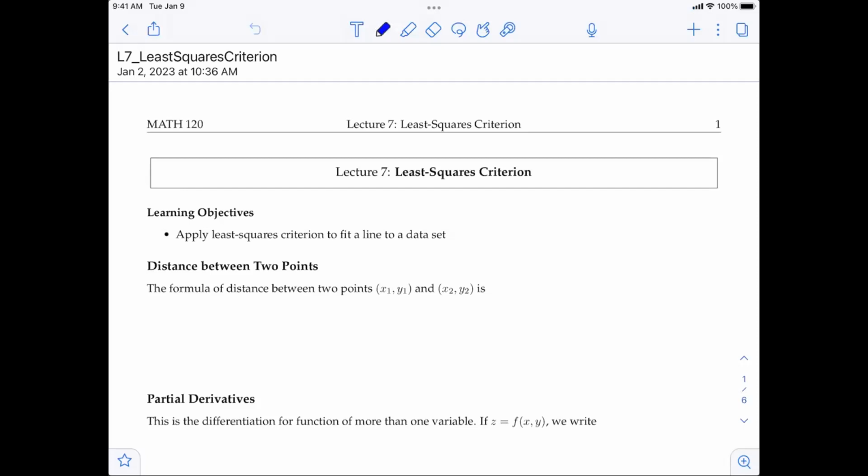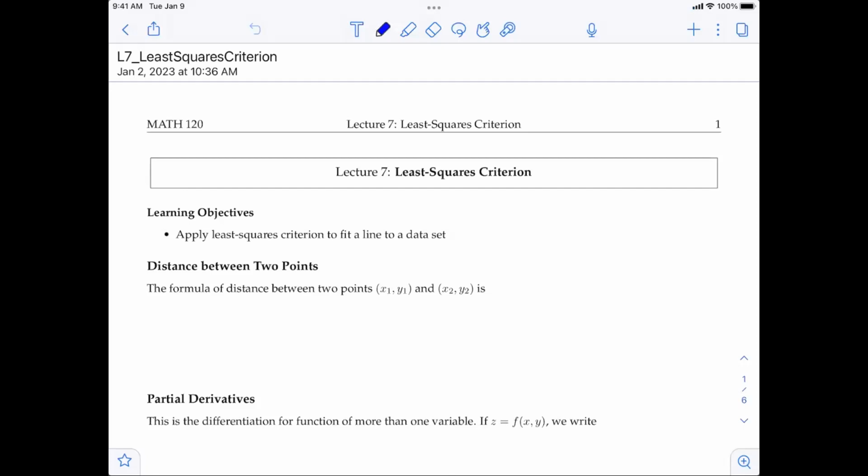Because of the importance of the criterion, I'm going to derive the formula for the parameters, and we're going to do some calculations to find the equations of the function, or the values of the parameters, so that we can obtain the explicit representations of the functions.